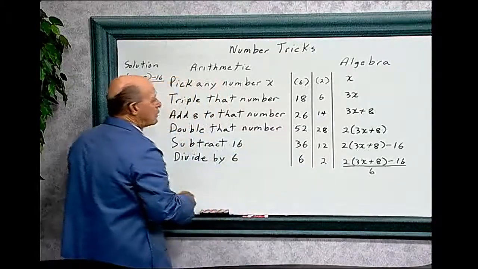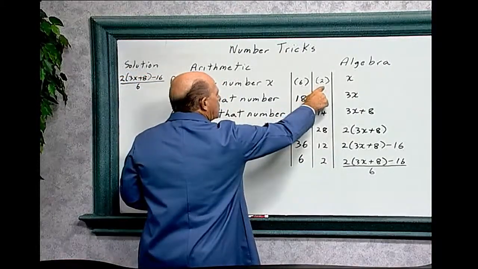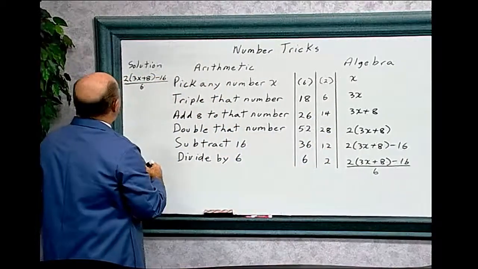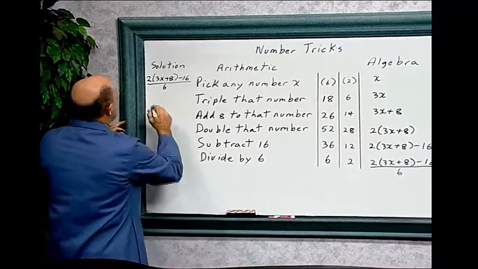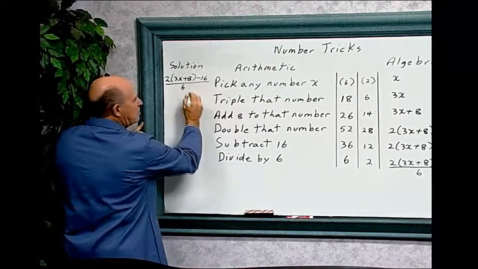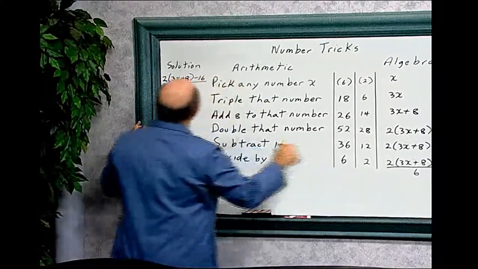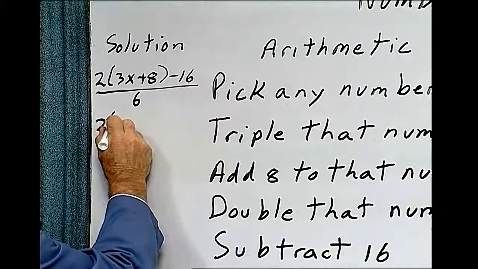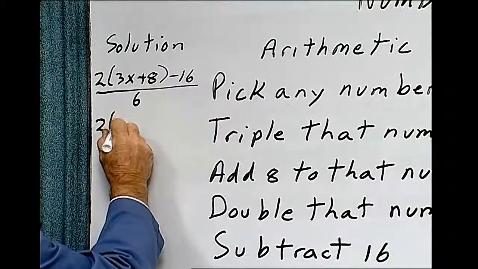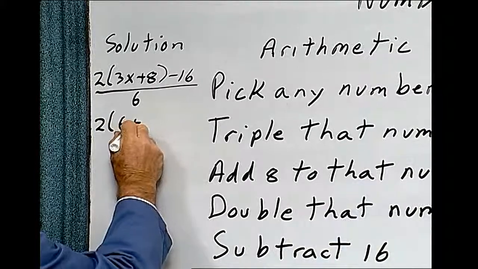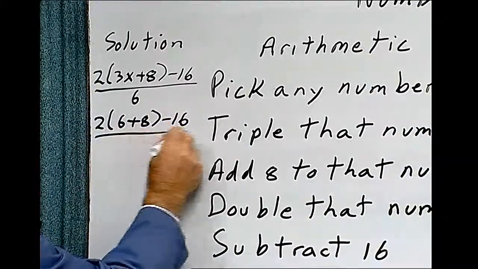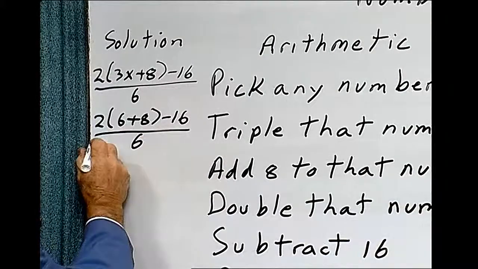Let's do that over here then with the number 2. We did that over here, but let's do this now in this equation. We're going to make x 2. So here's the equation that we have over here. So it's 2 times 3. 3x will be 6 plus 8 minus 16 divided by 6.